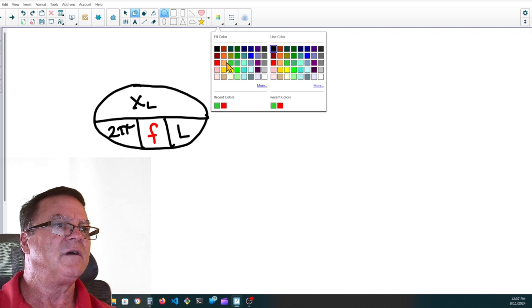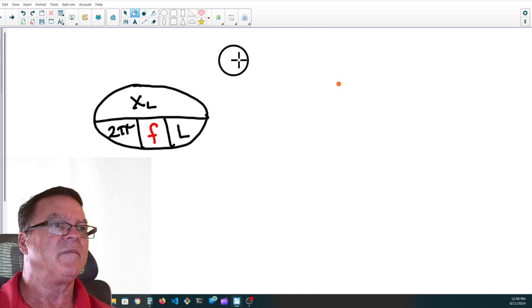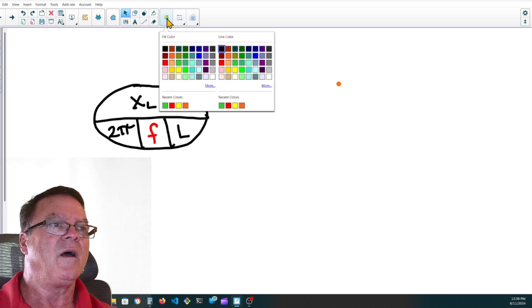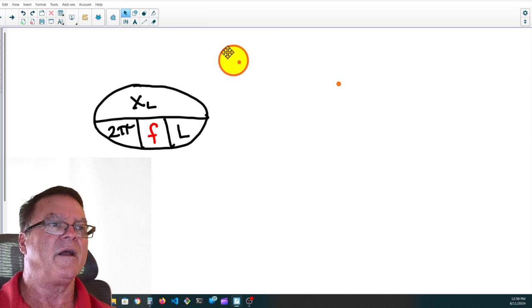Fill color. Oh, it doesn't matter. I'll just make it yellow. There. All right. Why did that not work? There we go. All right.